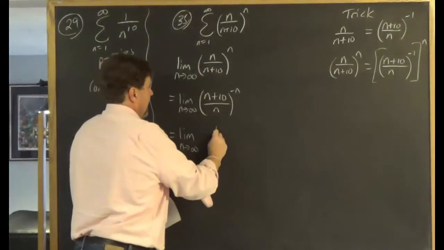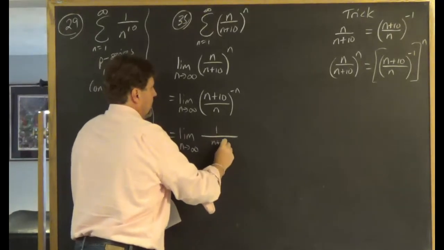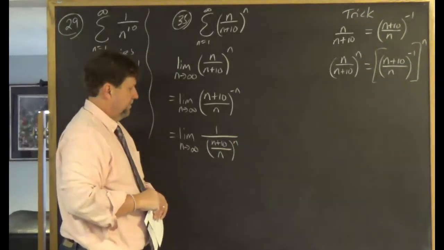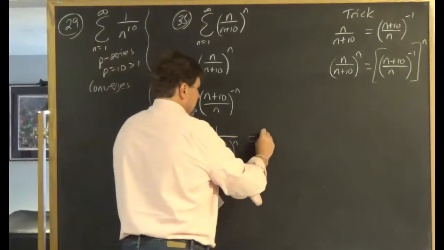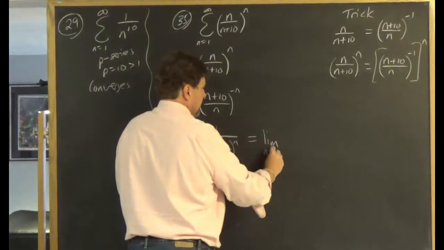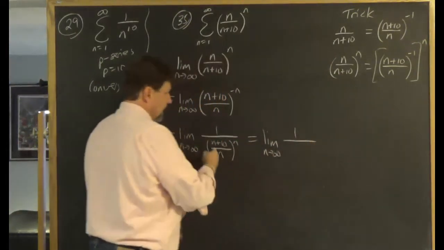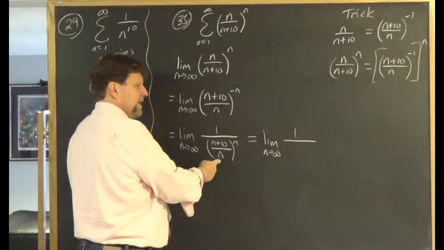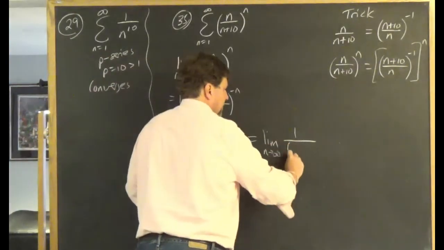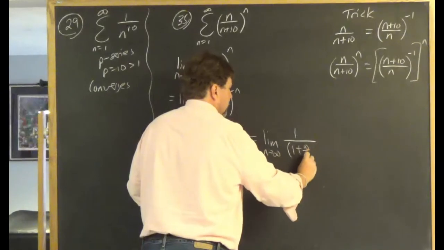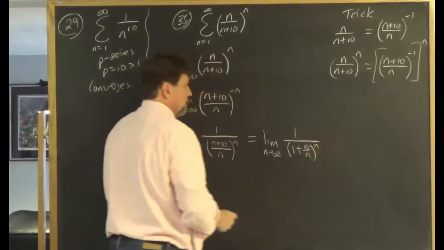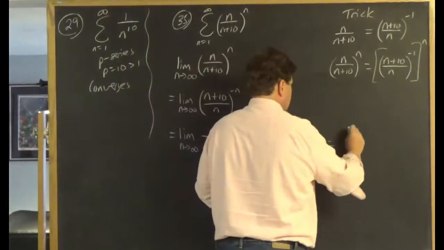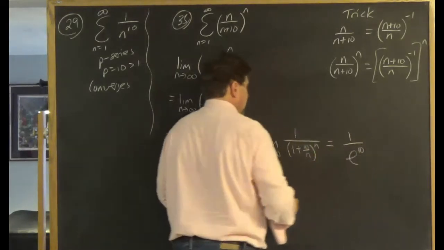So I can rewrite that as 1 over n plus 10 over n to the nth power. And then, okay, I'm starting to see some light at the end of the tunnel. Inside the parentheses, n plus 10 over n, well, I could rewrite that as n over n plus 10 over n. n over n is 1, so 1 plus 10 over n. I immediately know this limit is 1 over e to the 10th.